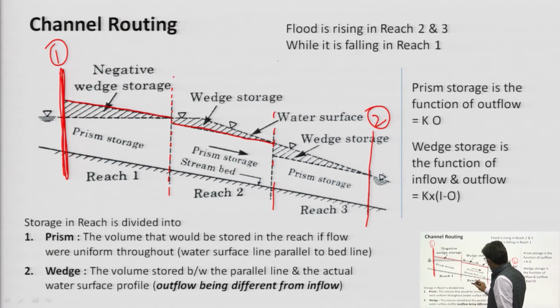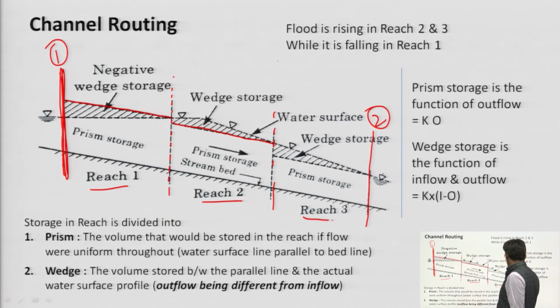So this is reach number 2, this is reach number 1, because there is a difference in water level, but in both cases the depth is parallel to the stream bed. Similarly, in reach 3 the initial depth of the water was this one.